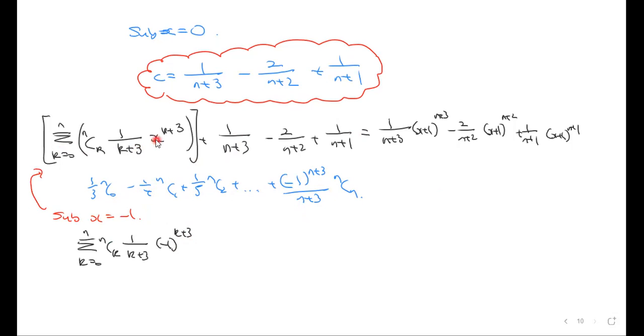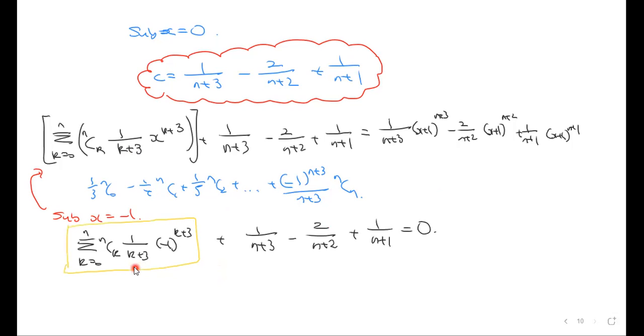You can see it's -1 to the k plus 3. Like if you sub in n, it'll be -1 to the n plus 3, over n plus 3, nCn, right? It basically matches those terms. And then you'll end up with plus 1 over n plus 3 minus 2 over n plus 2 plus 1 over n plus 1 equals 0. That's what we'll have.